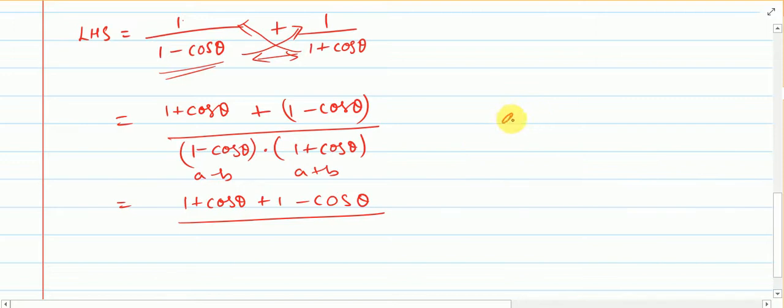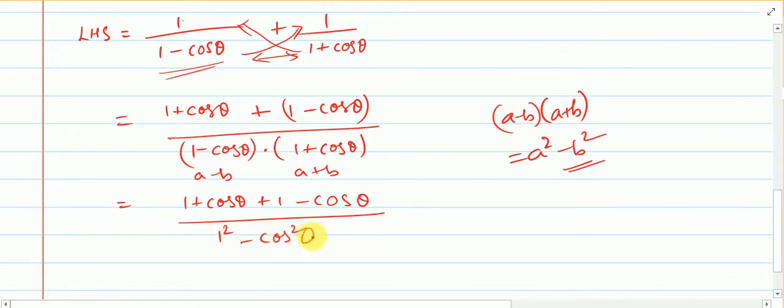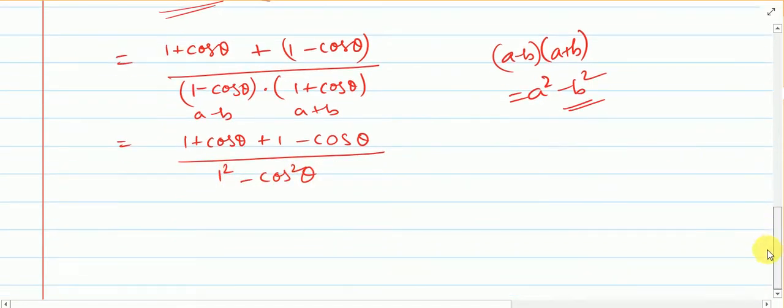You know that (a minus b) into (a plus b) will give you a square minus b square. Using that formula, here we get 1 square minus cos square theta. Now your cos theta and this minus cos theta cancelled, so 1 plus 1 you get 2, and down 1 minus cos square theta.